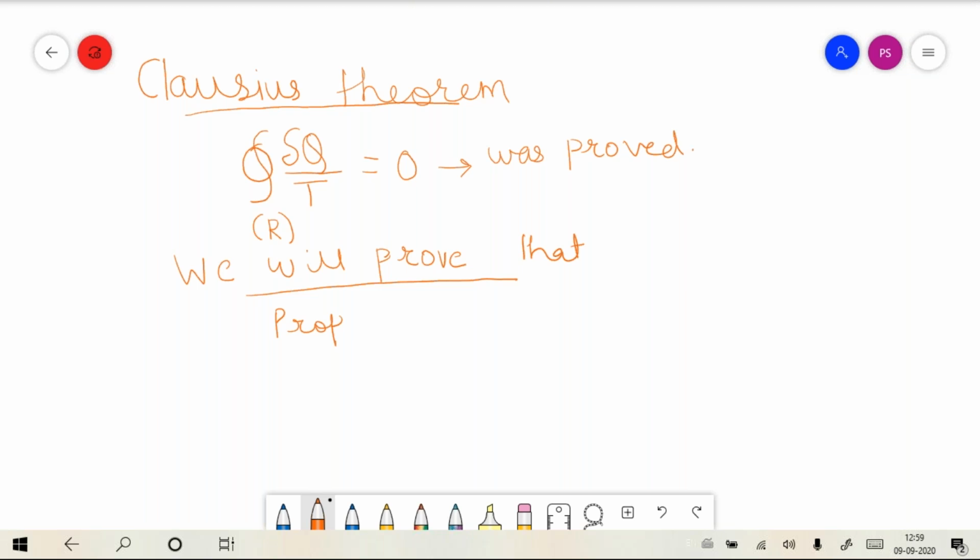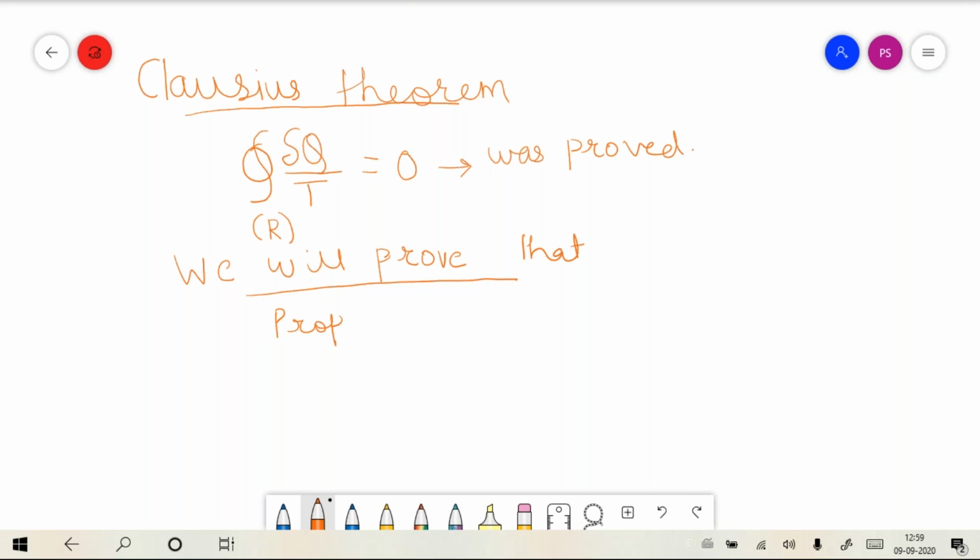It means that I want to prove that delta S is the integral of del q by T for a reversible process. This is to be proved, and this is a very simple proof.